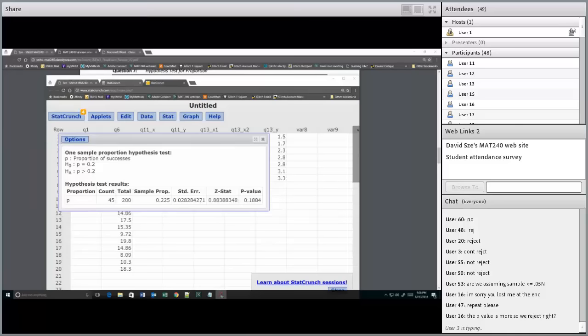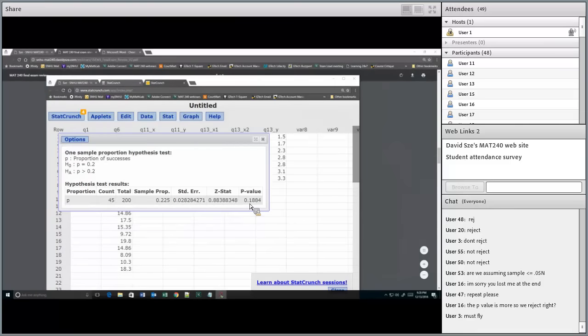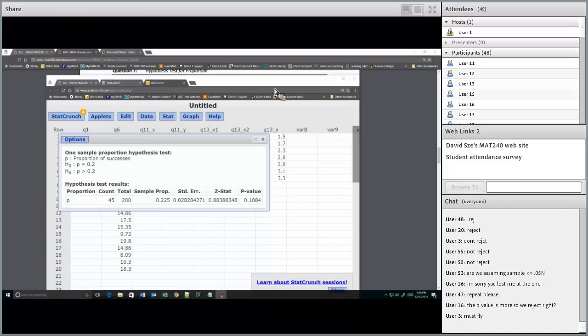If the p-value is high, the null must fly. So the p-value is 0.188. Alpha is 0.1. So 0.188 is greater than 0.1, so the null must fly. So you cannot reject the null hypothesis. So you do not reject the null hypothesis.